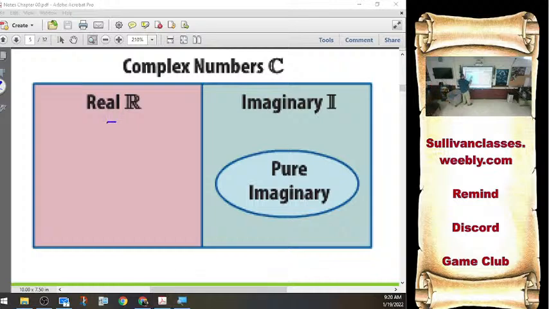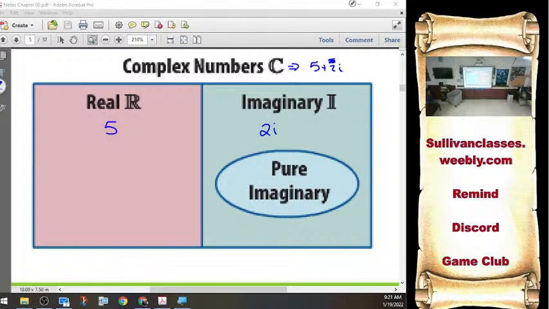His real friend, 5, and his imaginary friend, 2i, together makes the complex number 5 plus 2i. I don't know why I got a random dot up there. Okay? Who are your friends? It's complex.